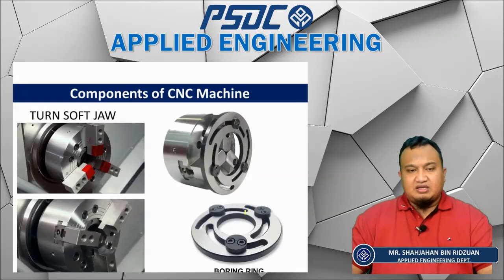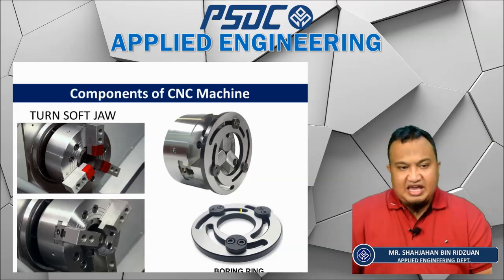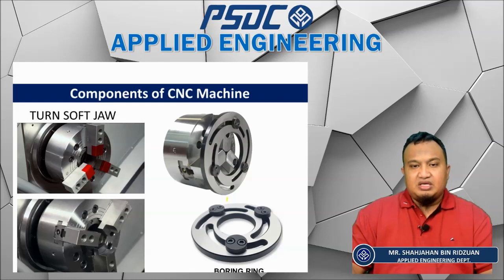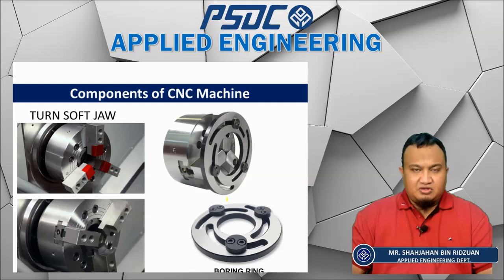So another part of a 3-jaw chuck is that we have a soft jaw rather than a hard jaw. If, let's say, the parts need to be clamped after machining, you'll need to use a soft jaw to clamp it. So for that, you need to turn the soft jaw to a diameter or profile similar to the part that you need to clamp.